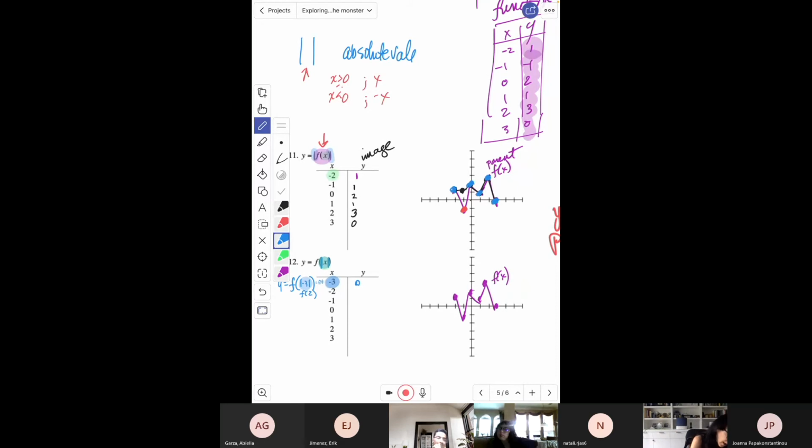Is that correct? Absolutely. What about when x is -1? What is the y value of the image function? What's the output for when x is -1? 1. Yes.